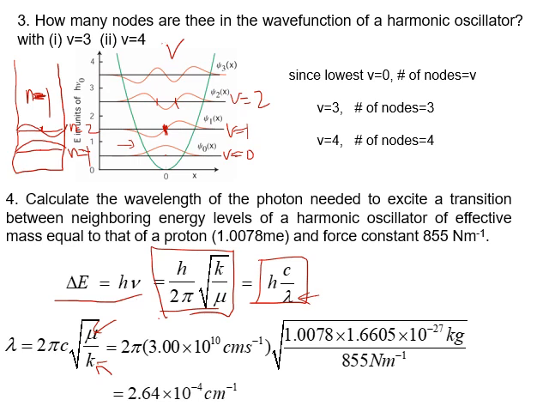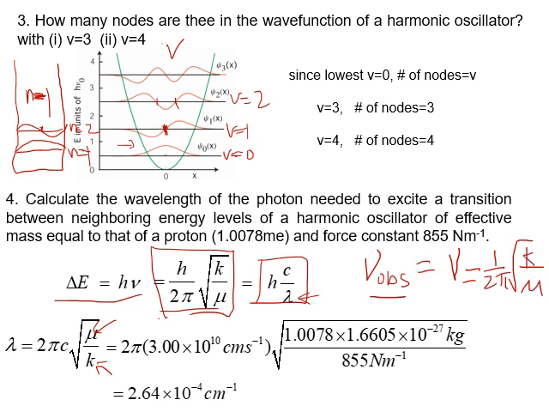Now, there's an alternative way to calculate this question, and that is, we know for the harmonic oscillator, the absorption frequency should equal the natural frequency of the oscillator, which is 1 divided by 2 pi times the square root of k divided by mu.